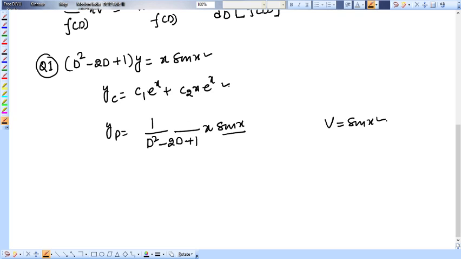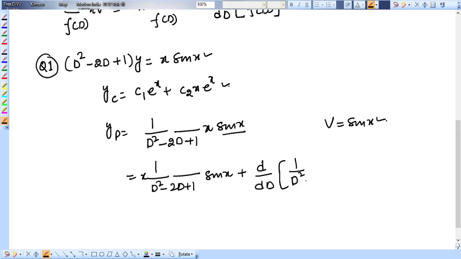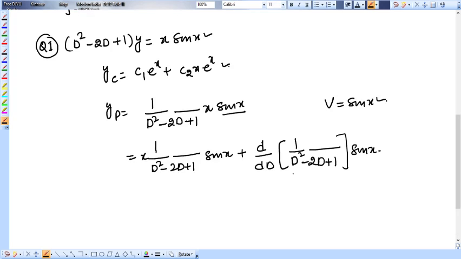Now if I use rule 5, we know 1 over f(D) of xV is equal to x times 1 over D square minus 2D plus 1 of sin x, plus the differentiation of this operator 1 by D square minus 2D plus 1 on sin x.